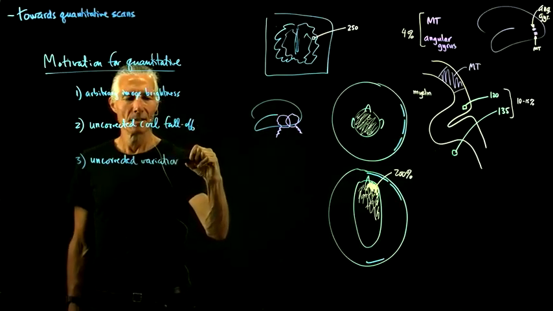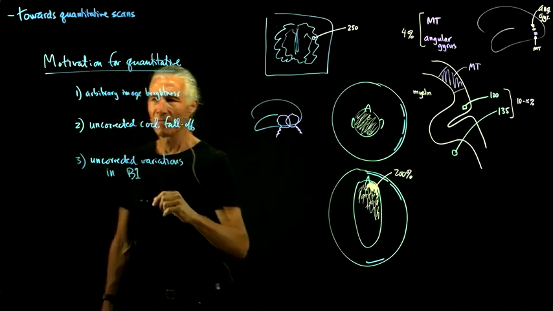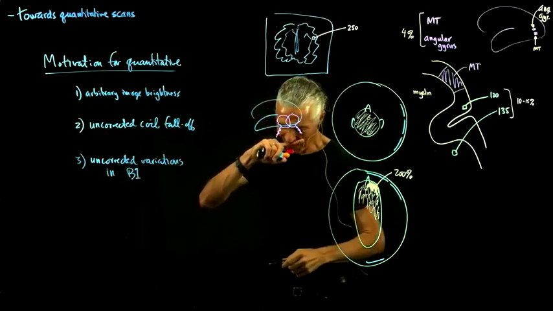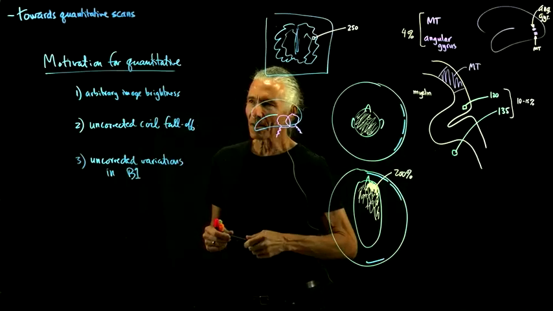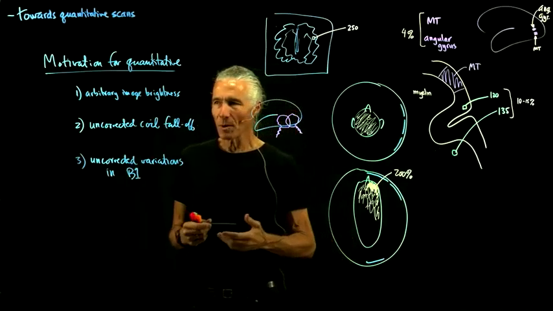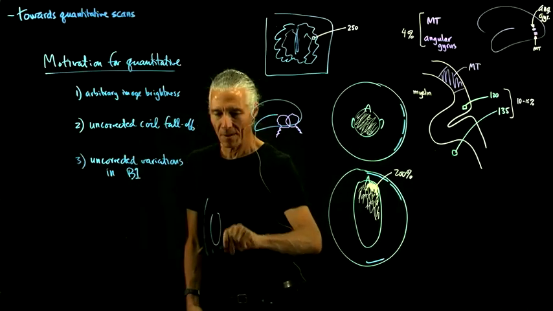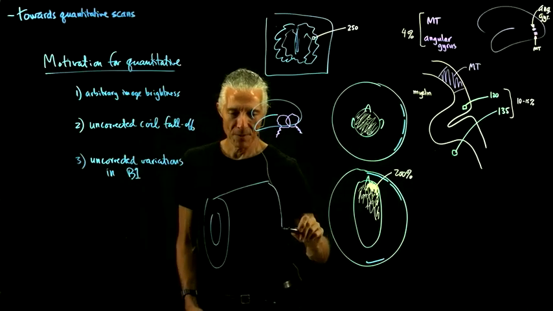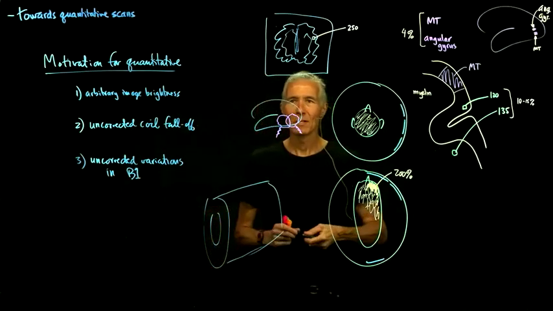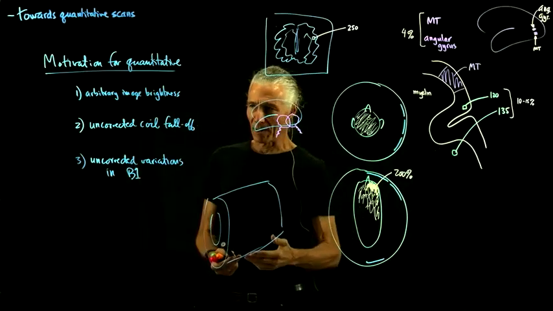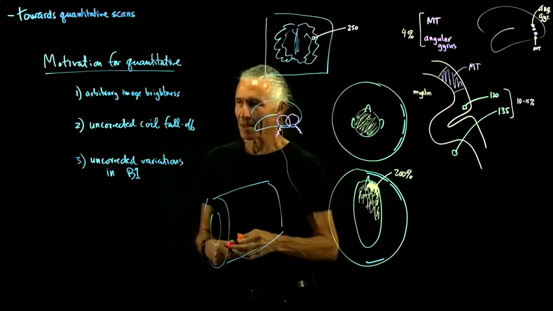Variations in B1. The problem here is that if you look at a relatively lower field, like say 1.5 Tesla, and you look at the wavelength of the 63 megahertz RF signal, what is the wavelength?